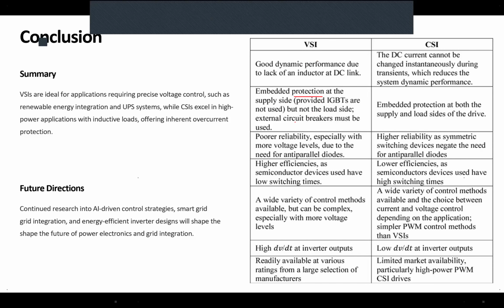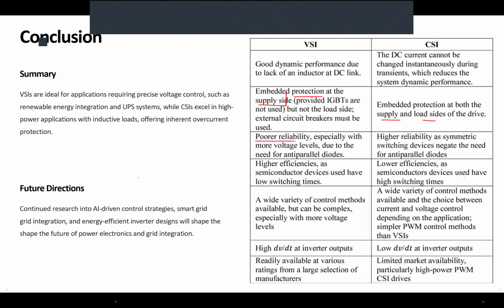So if you want to use the VSI in your system, you need to have a protection over your load, because the protection system in VSI tries to protect the supply side, the DC side and the switches, not the output. In CSI, the protection is for overcurrent load, so it protects both sides, both supply and the load side.